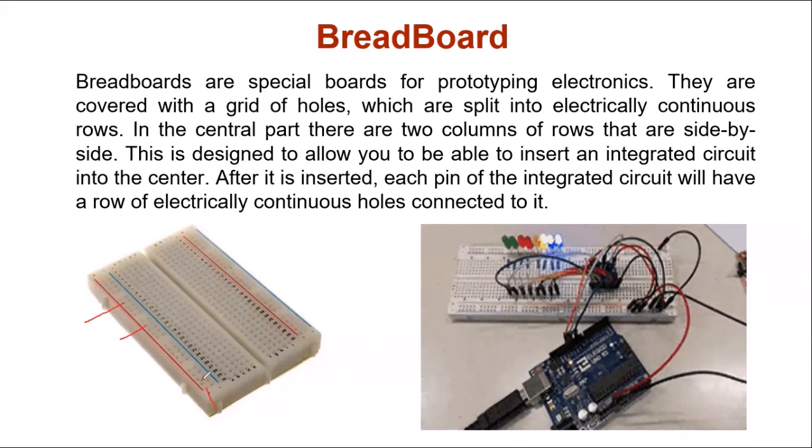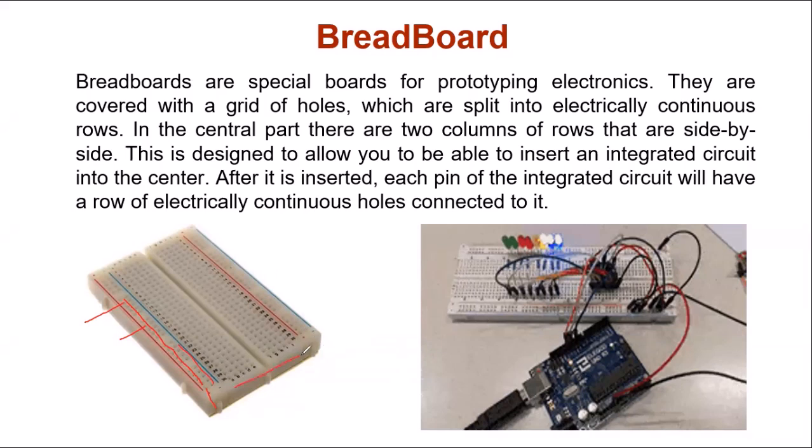So the same voltage will be applied throughout the circuit horizontally like this. But if you apply here on the first row, and you want to take the same output from the second row, it is not practically possible because it is not vertically connected. Similarly, the top and bottom are horizontally connected.